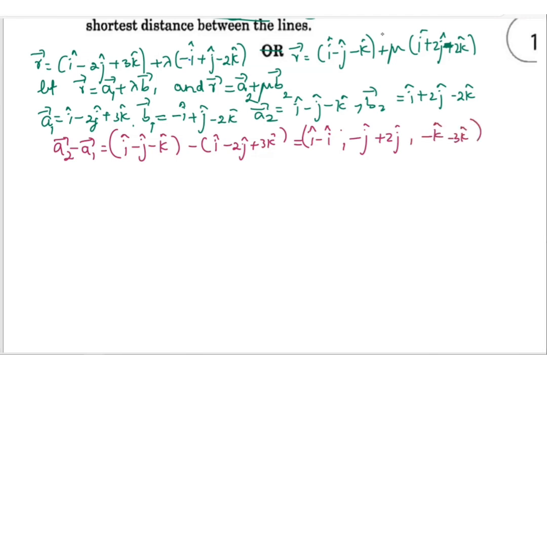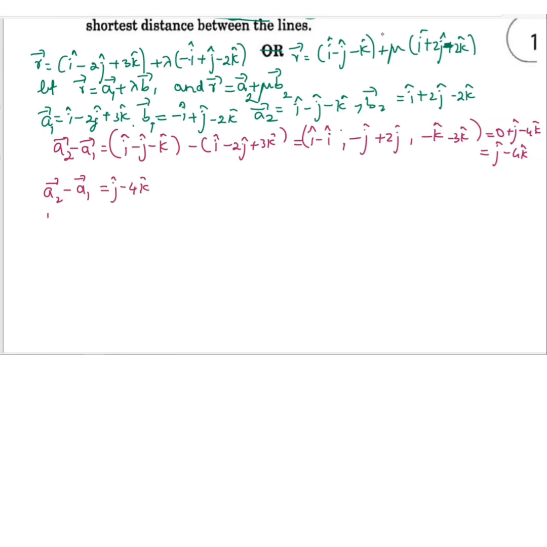So that will be 0 plus j cap, then minus 4 k cap. That is, j cap minus 4 k cap is a2 minus a1.